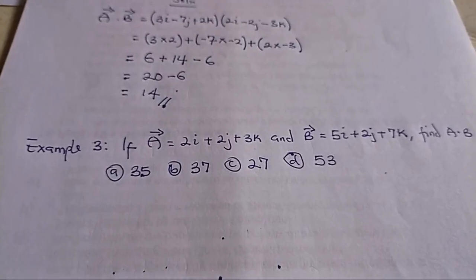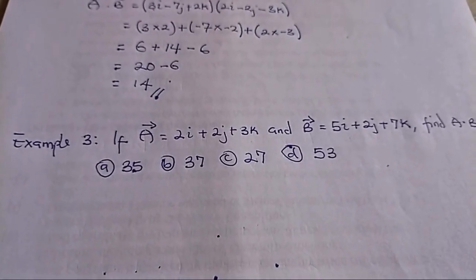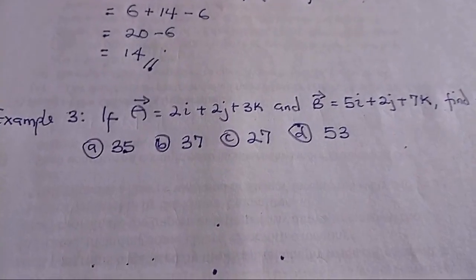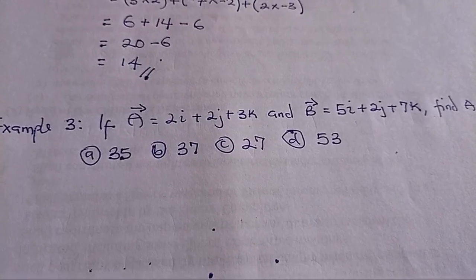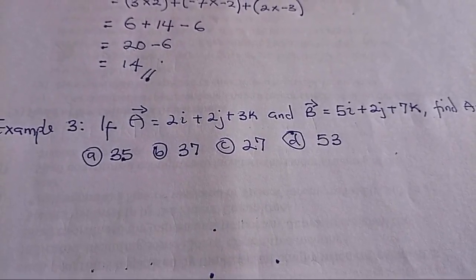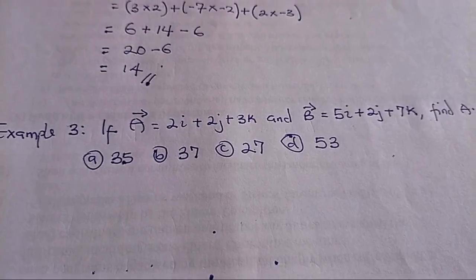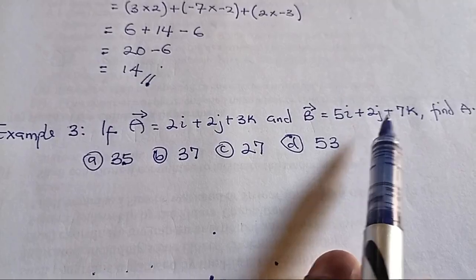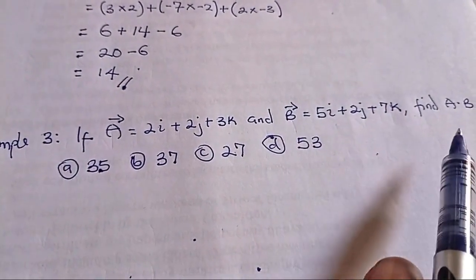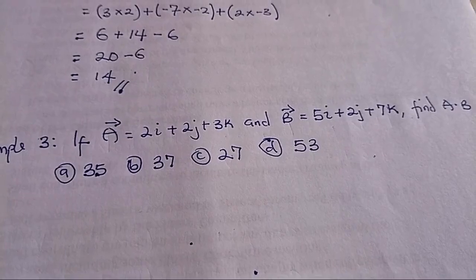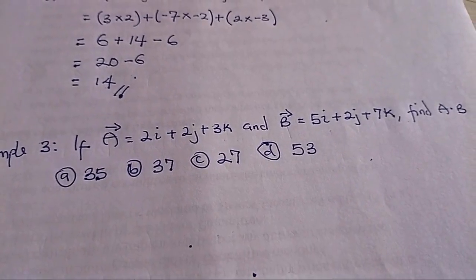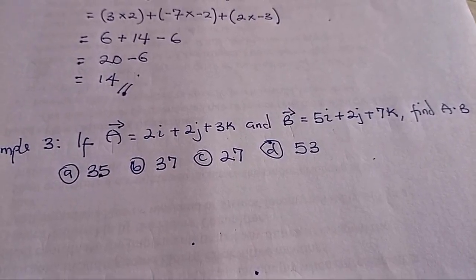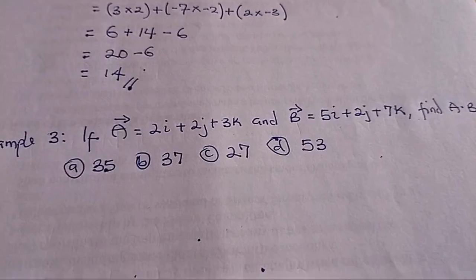For our example 3, if vector A is equal to 2i plus 2j plus 3k and vector B is equal to 5i plus 2j plus 7k, we are to find A dot B. This is again another question in scalar or dot product.